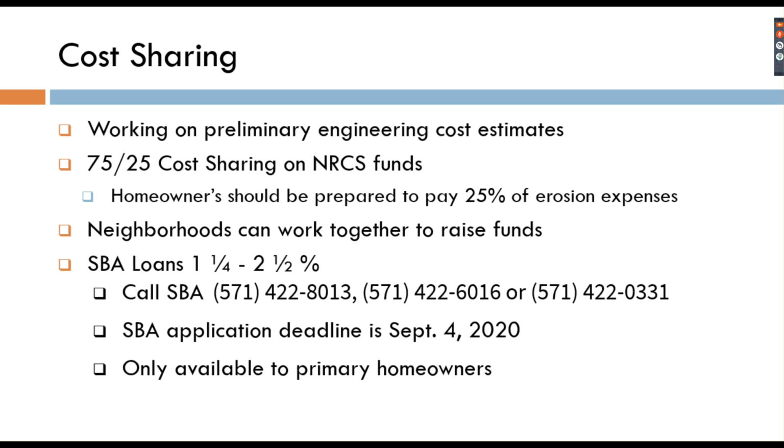Just to give you a general ballpark idea of how much these things might cost, it depends on the extent of the project, but they could go anywhere from $2,500 to $25,000, and that's just an estimate right now, just to give you an idea of what to expect.